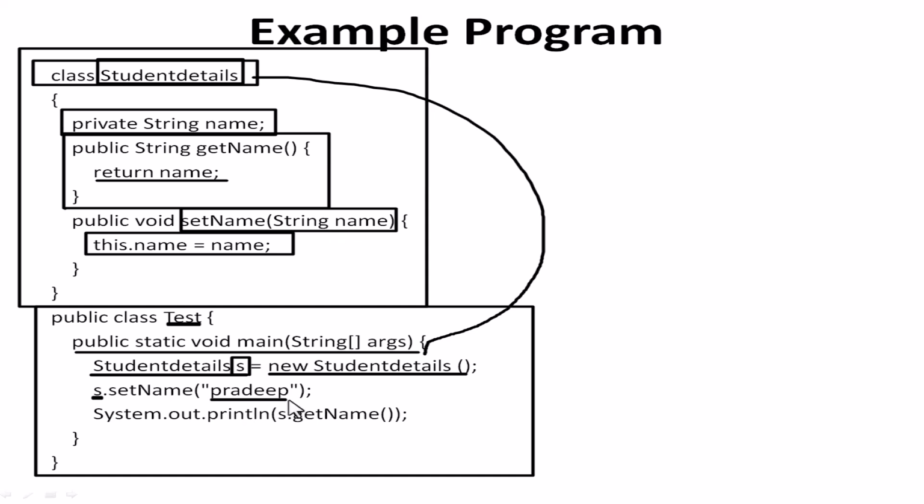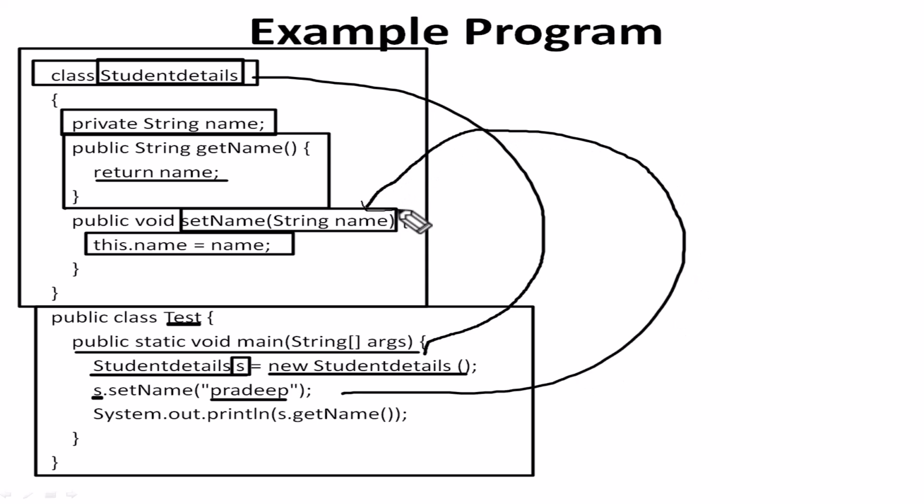Now you are passing the parameter Pradeep into this name. Even though name is declared as private, this can be implemented by using public methods.